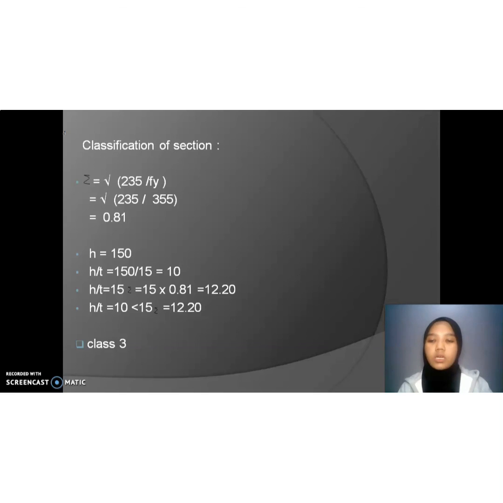So 10 is below 12.20. So it is class 3. I pass to Syaza Syahira.